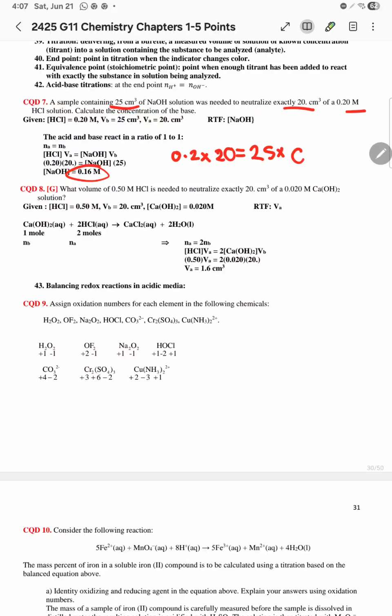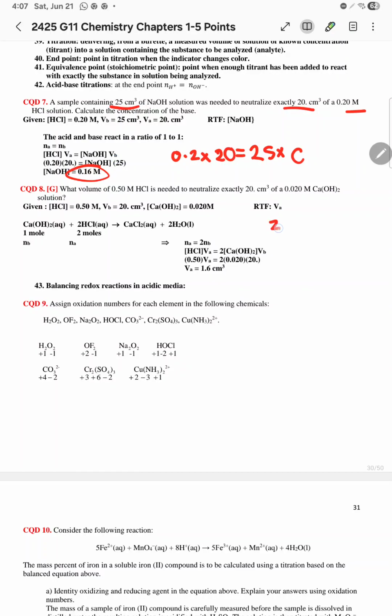What volume of 0.5 molarity HCl is needed to neutralize 20 centimeters cubed of 0.02 molarity Ca(OH)2? What you're gonna do here is the exact same thing, but here you have 2 moles of OH.